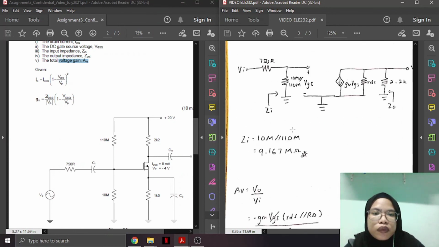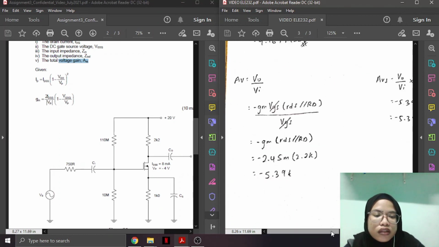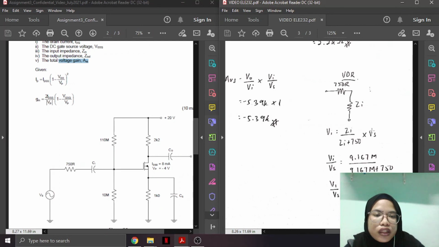From here, this is the Vin and this is Zin. This is the circuit that we use. So the VDR is Zin over Zin plus 750 times Vs.